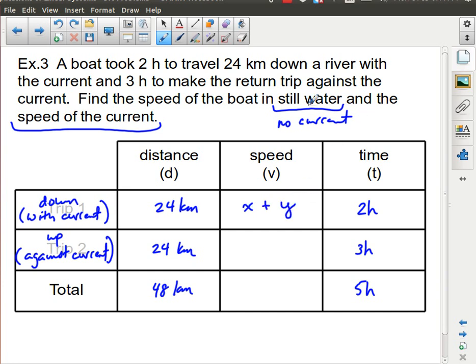So I'm going to call my base speed x, and I'm going to call the speed of the current y. So when I go down the river, I'm going faster than I would normally be able to go just with my muscles. When I'm going up the river, I end up going slower than my muscles can power me because the river is pushing me back.